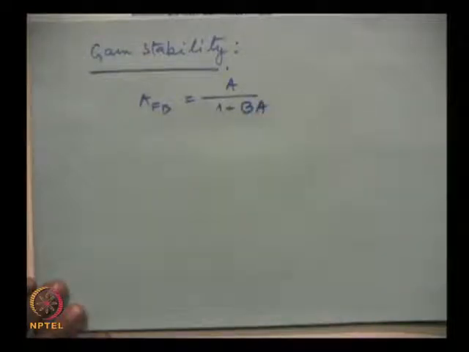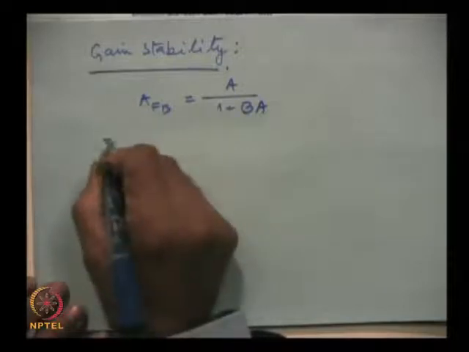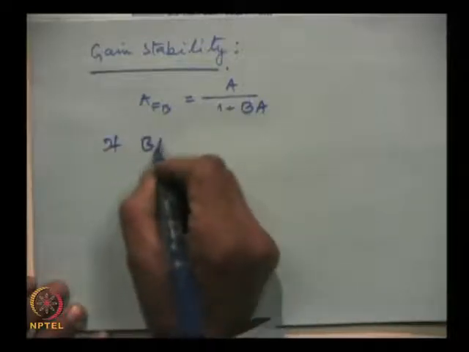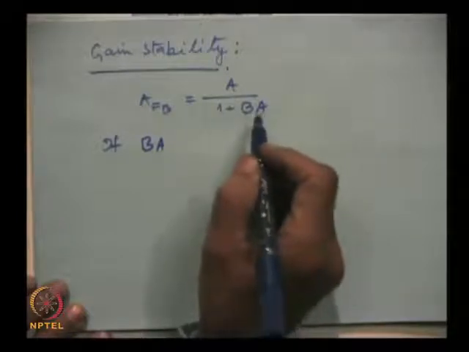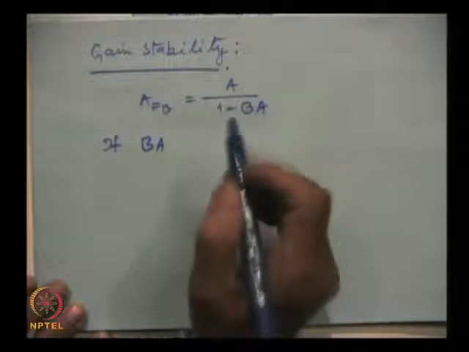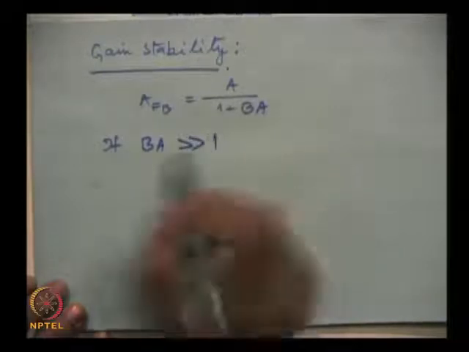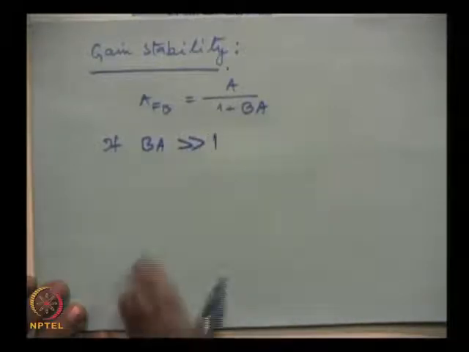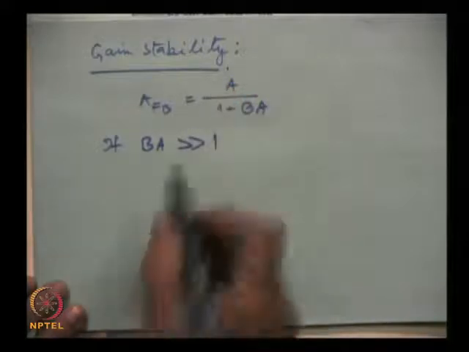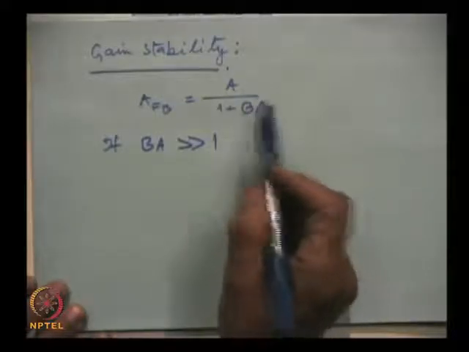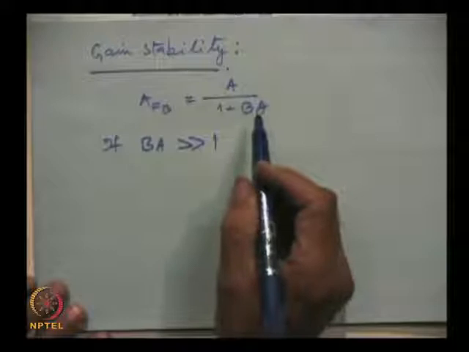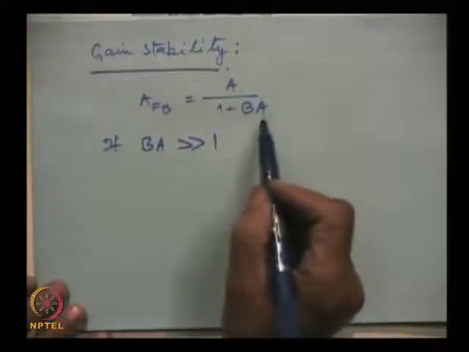Let us see that if BA, this quantity loop gain, is made large as compared to 1, very large in comparison to 1, then 1 can be dropped here. Now this condition can be easily satisfied, and in practice this loop gain is kept quite high by taking the A, the open loop gain, very high.